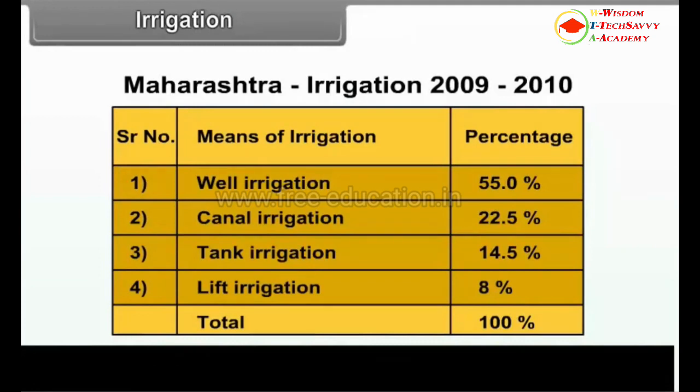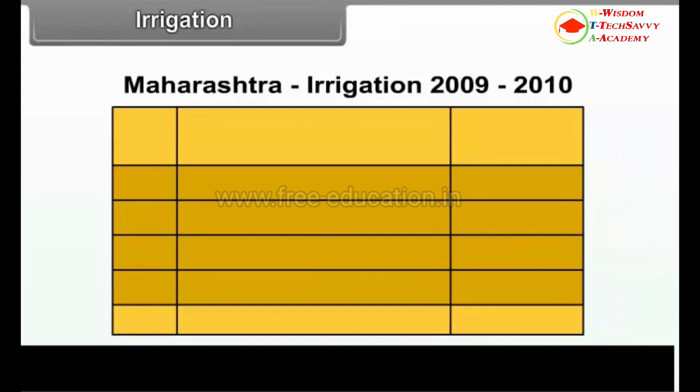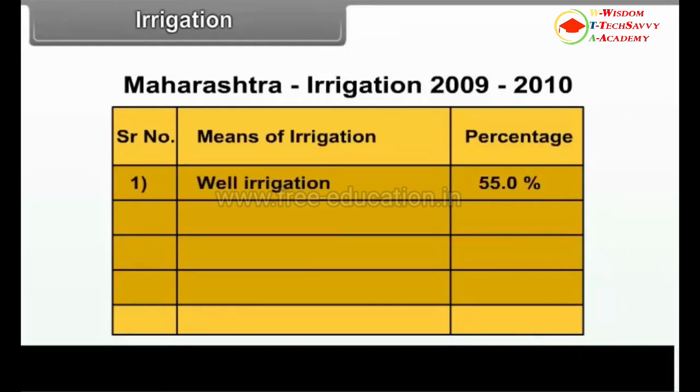Table number 2.1. Maharashtra, irrigation 2009 to 2010. Number 1. Means of irrigation, well irrigation. Percentage 55.0. Number 2. Means of irrigation, canal irrigation.